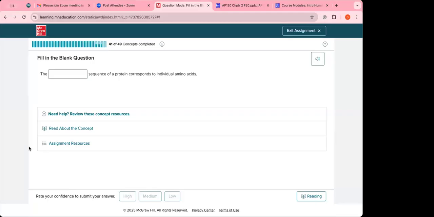I'm not sure if it's looking for the peptide structure, maybe? I'm not sure what it's looking for, honestly.